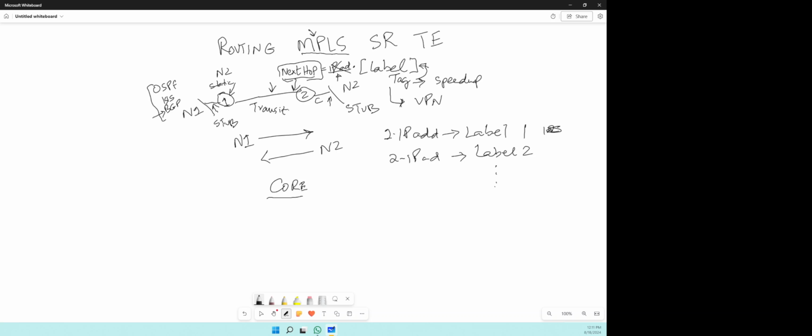So this is a simple routing topology. If we were to redraw this for MPLS, you would say, okay, here's a CE router connected to a PE router, and that's a P router, and then another PE router, and another CE router. That's customer edge, provider router, provider edge.